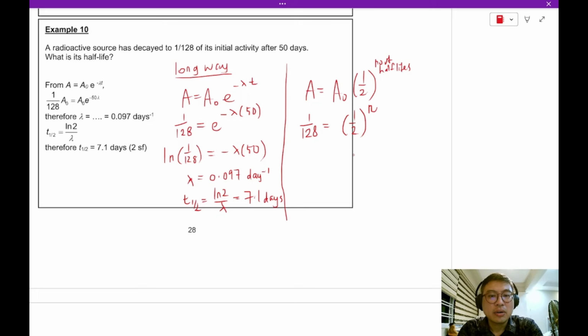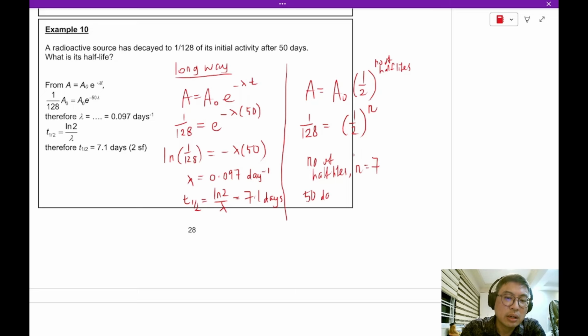If you use a calculator, you'll find that the number of half-lives that have passed, n, equals 7. So that means 50 days equals 7 half-lives. So a half-life will be 50 divided by 7 days, which is 7.1 days.